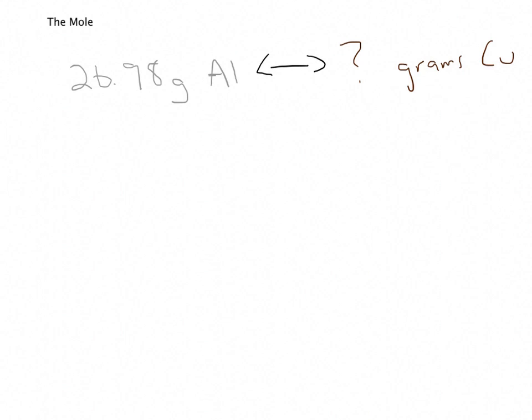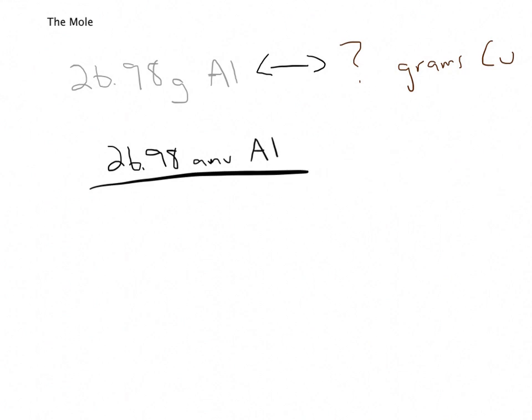Well, what we can do is use what we know about AMUs for each substance. I could say one aluminum atom is 26.98 AMUs. And then we can look on the periodic table and see that one copper atom is 63.55 AMU.